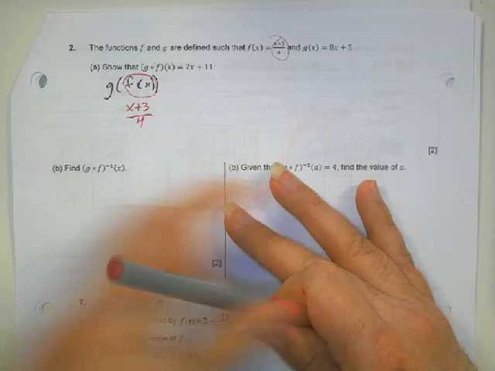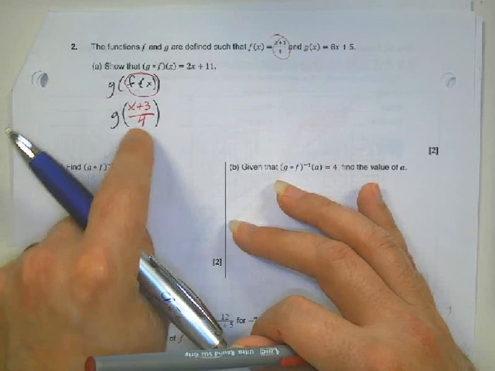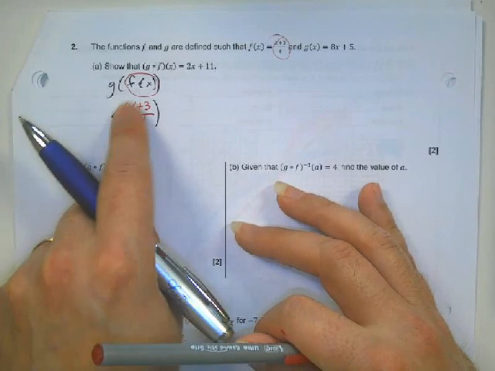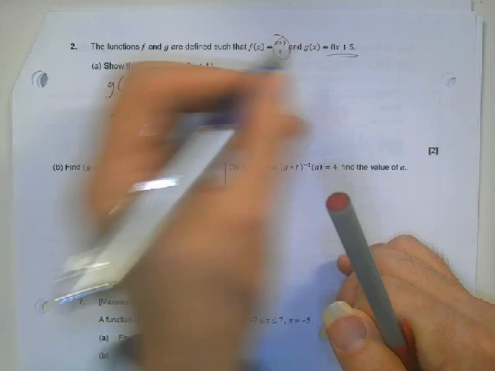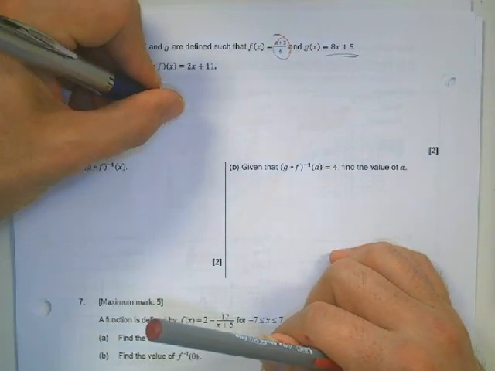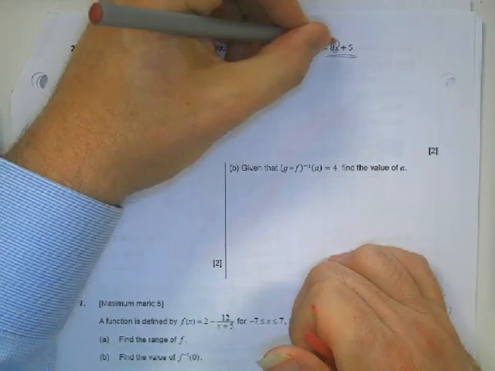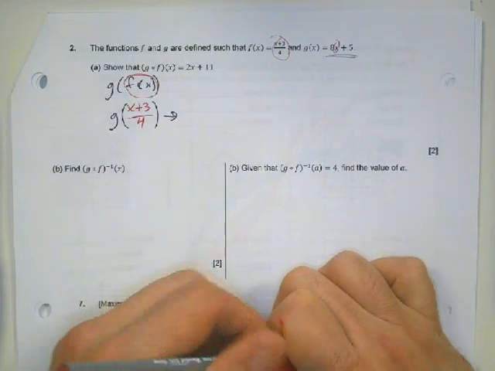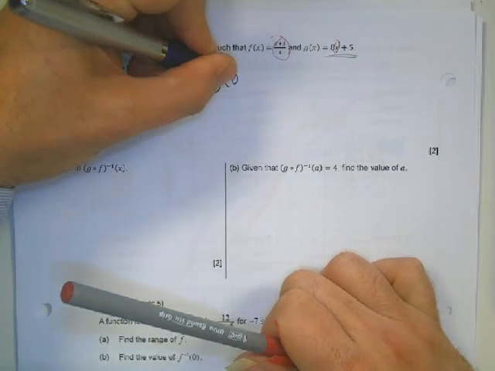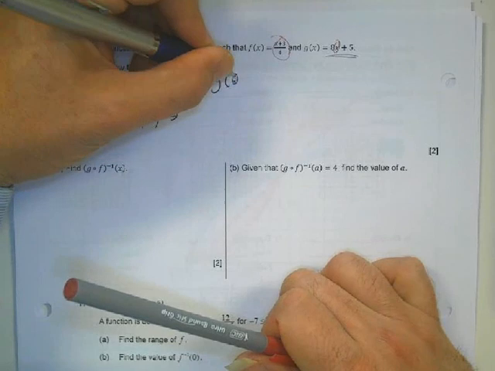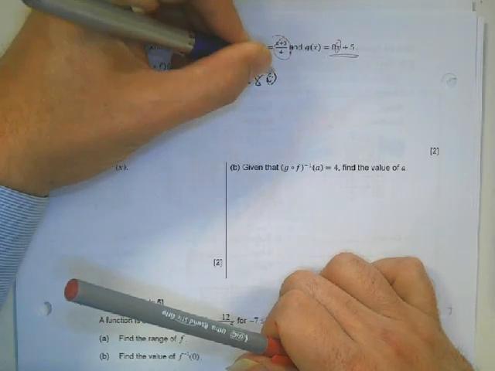So I've got g of this red stuff, and that's what we need to plug into function g. So I'm going to put this red stuff instead of x, because we know g of, I'm just going to put happy face, right? g of happy face is equal to 8 times happy face plus 5.